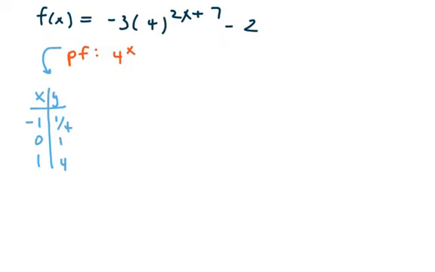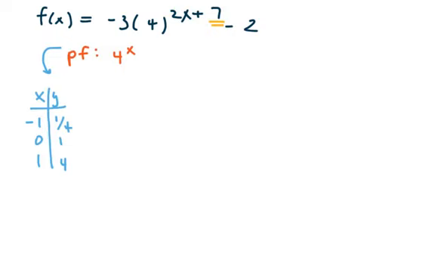First, let's find our first horizontal transformation. It's either the 2 or the 7. But remember, for horizontal transformations inside of the function, we do reverse PEMDAS. So we're going to take care of the 7 first, because we would do addition before multiplication in this reverse PEMDAS world.